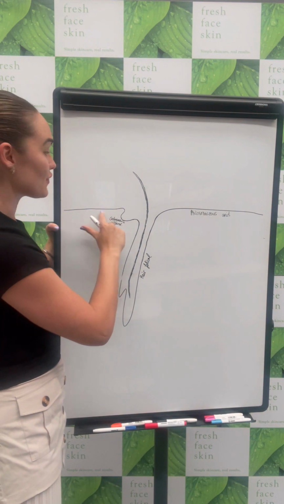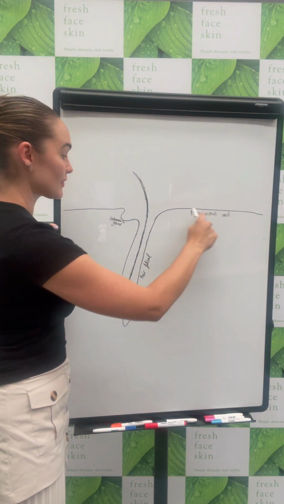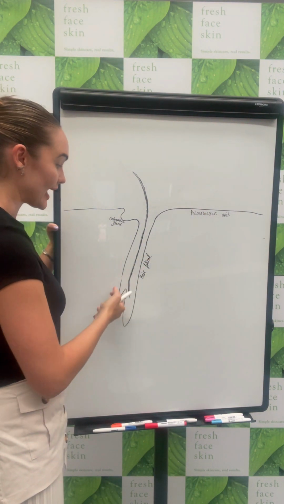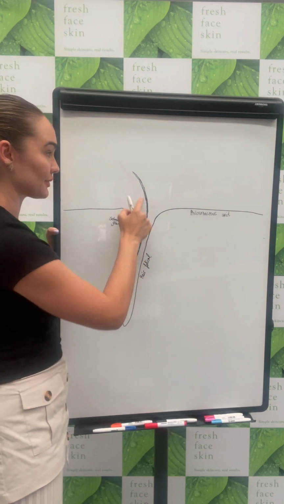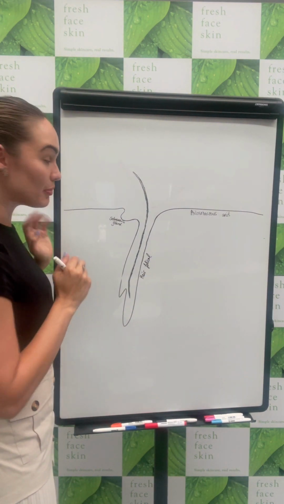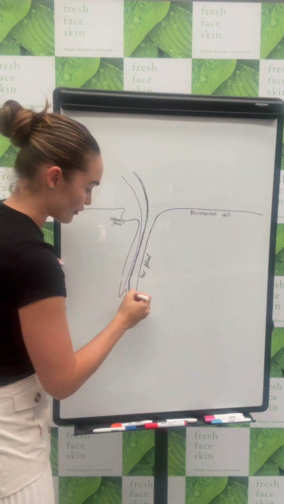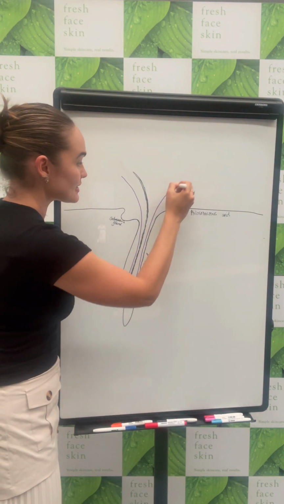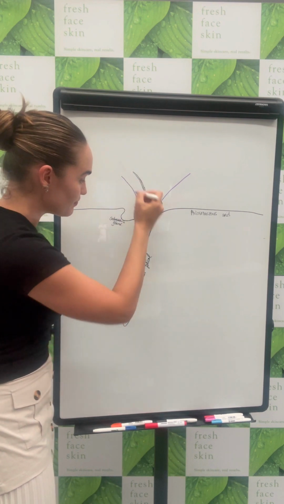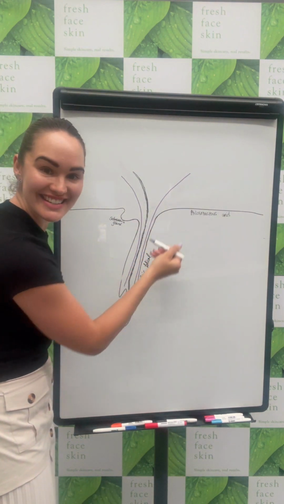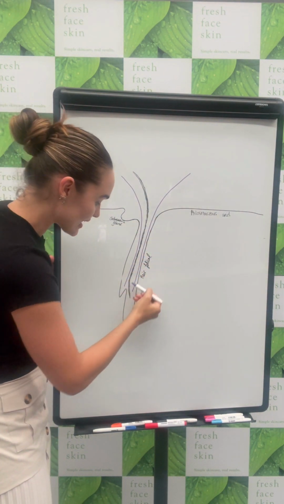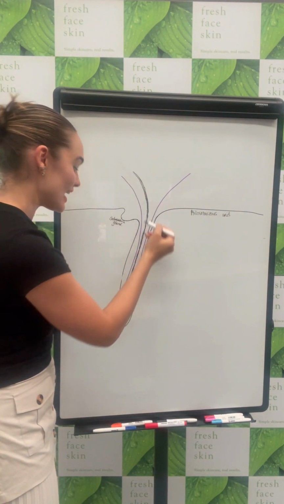Now this is the surface layer of our skin here, and this is that hair follicle where you can see hair is coming out of. Now it's really important to see the space around this hair follicle. You can see that there's enough room for oxygen to come into this hair follicle easily.